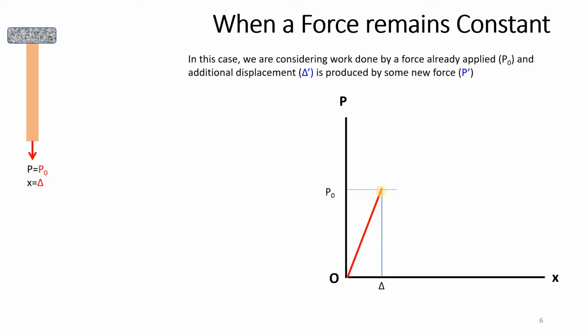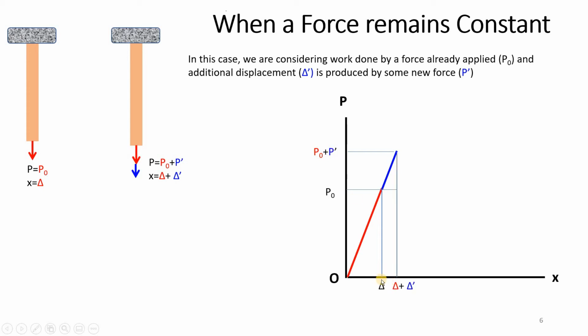And then what happens is that we apply an additional force, or a new force, P prime, which produces additional displacement delta prime, as you can see in this graph also. So the load changes to P naught plus P prime, the already applied load and the new applied load added together. The total displacement is the initial displacement that has occurred and the additional displacement that happened, so the total displacement would be delta plus delta prime.